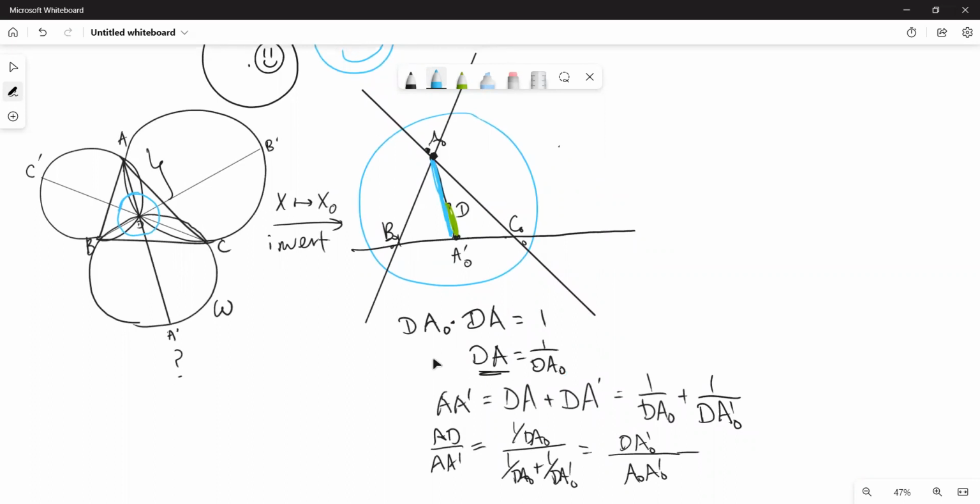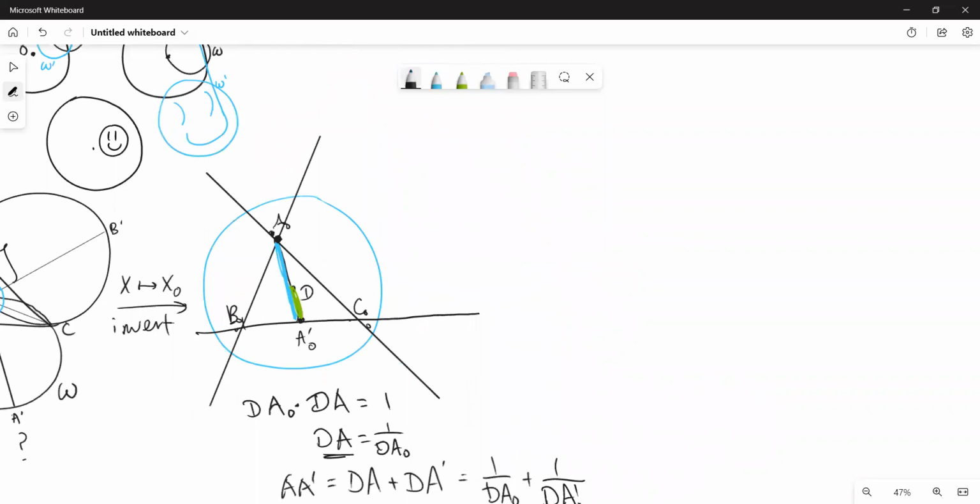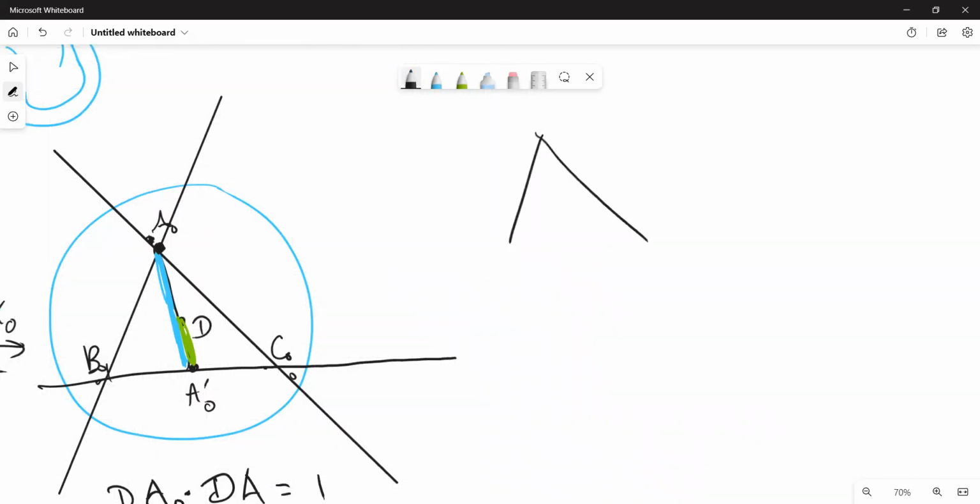So how does this simplify the problem? Well, first of all, there are no more circles anymore. We don't have to worry about that. Now it's just a bunch of triangles and lengths. And in the translated problem, I'm just going to relabel everything so I don't have to say naught every time.